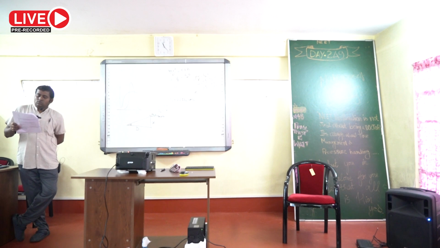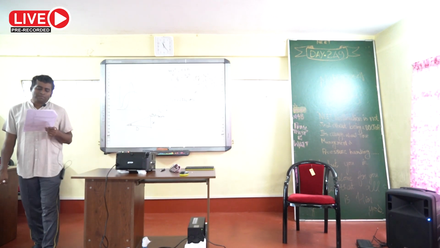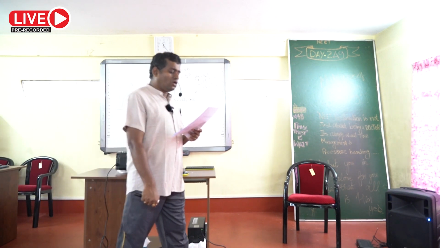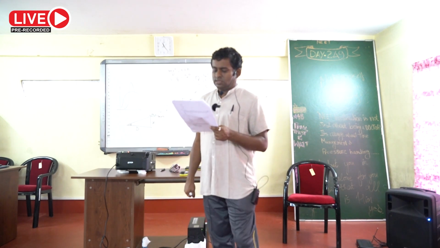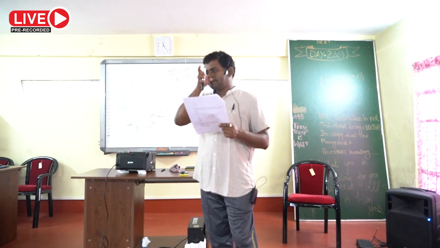Now, question number 39. Electrons of mass m with de Broglie wavelength lambda fall on the target in an X-ray tube. The cutoff wavelength lambda naught of the emitted X-ray.